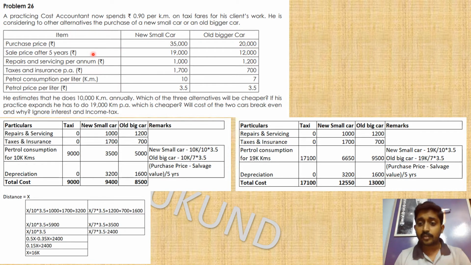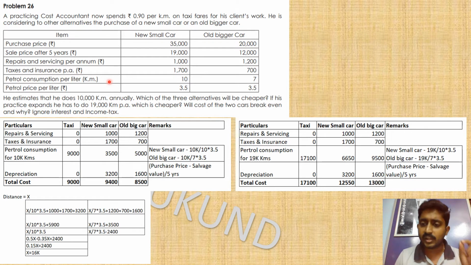Sale price after 5 years. So after 5 years of depreciation, the selling price we can get is also given. Repairs and services cost per annum is given. Taxes and insurance per annum is given. Petrol consumption per liter in kilometers.